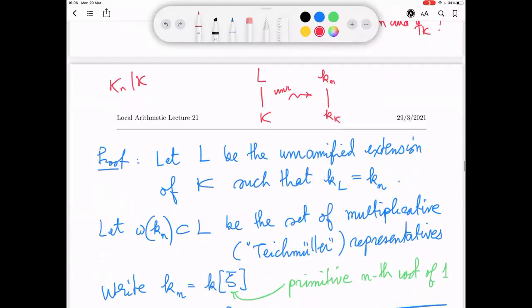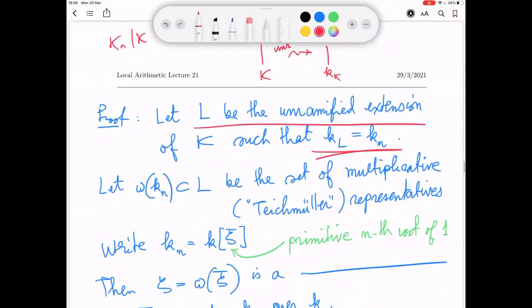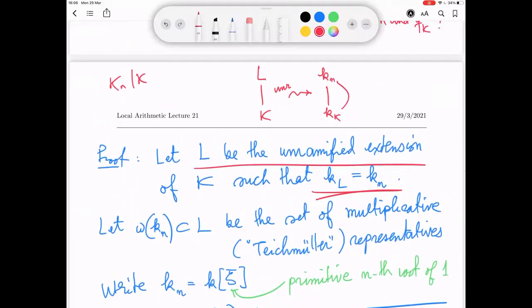So let L be the unramified extension whose residue field is k_n. This we have proved: for every extension of the residue field, there's a unique unramified extension of your p-adic field whose residue field is that extension. So L is this one.